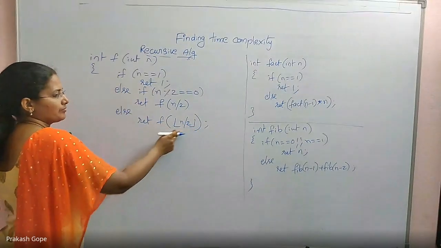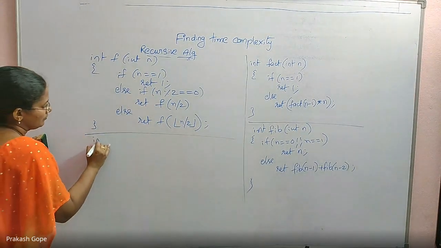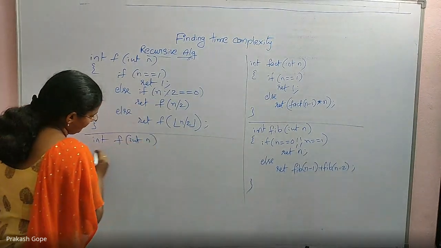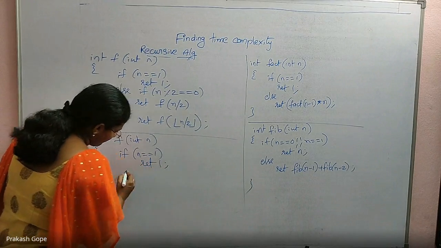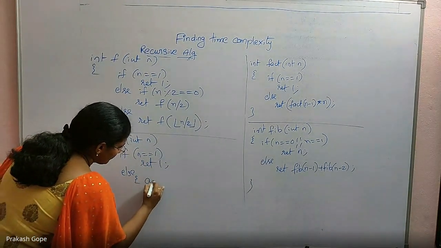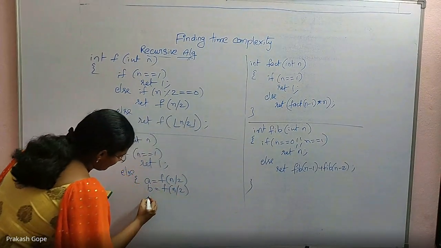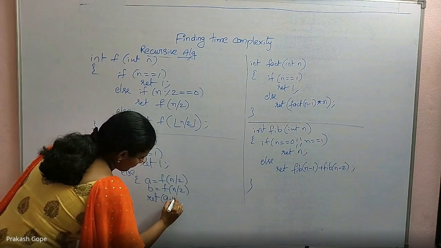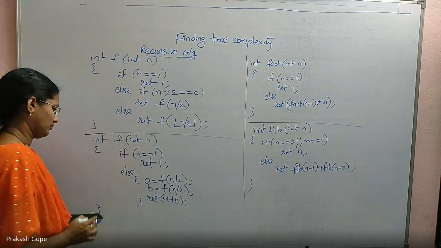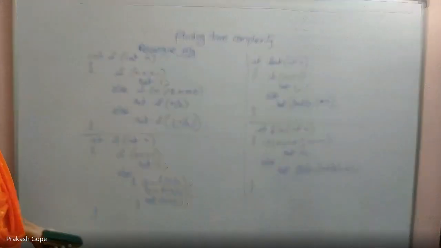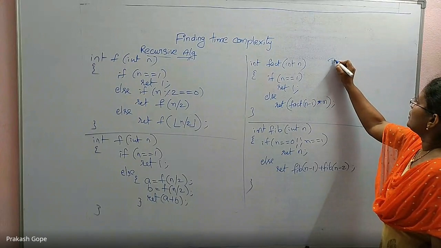This is the floor function. Step first, what is the time complexity recurrence relation?